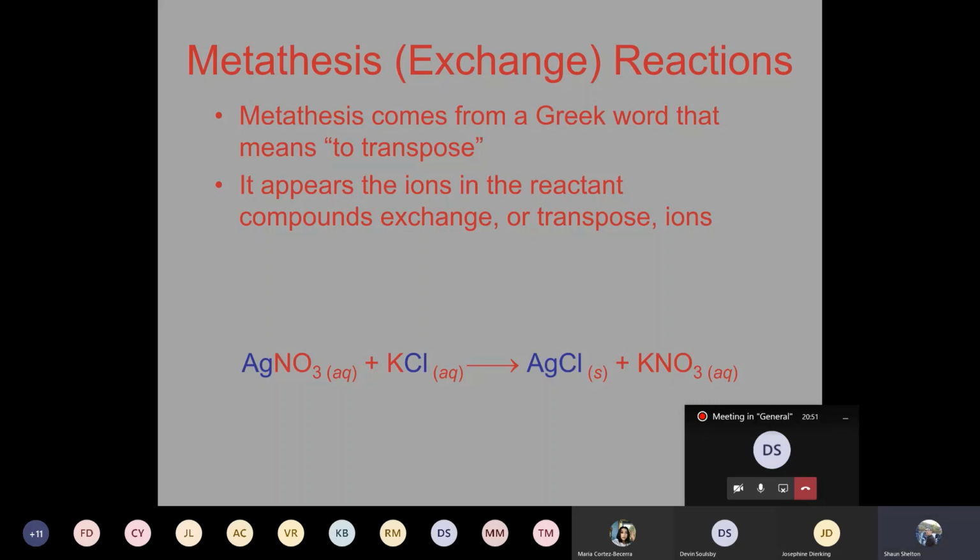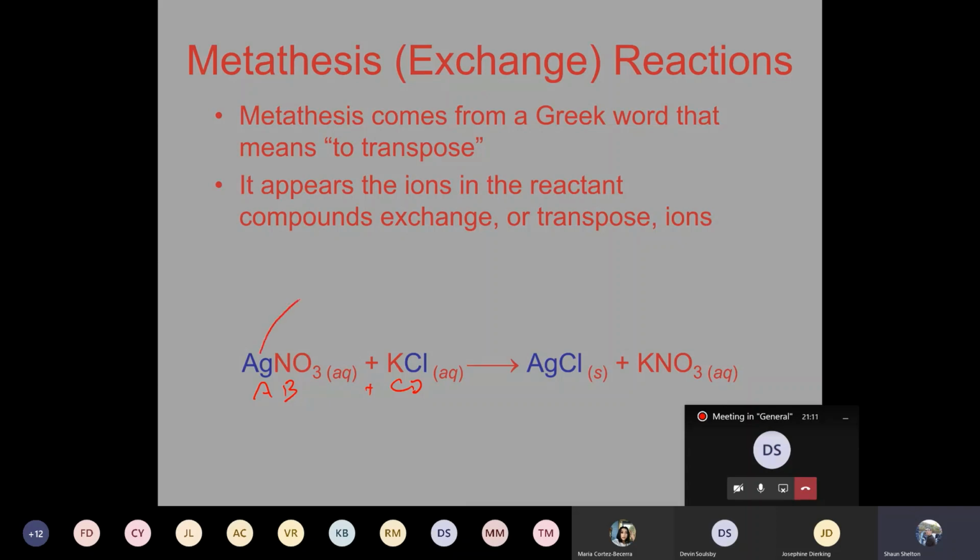So as we look at this first example here, all right, we have silver nitrate reacting with potassium chloride. And so you have AB plus CD. Now, as we start to predict these products, this is the thing you use, okay?